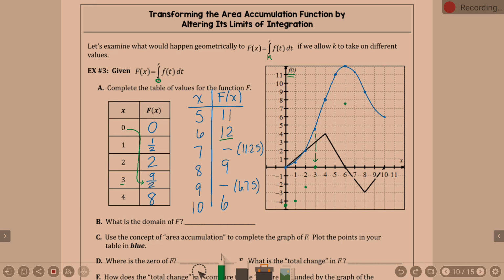Call me out if I make a mistake here. At 3, 4.5 is at 3, 0. What was it, 4, 8? So 4 comma 3.5. 5, 11 becomes 5, 6.5. 6, 12, I've already done.